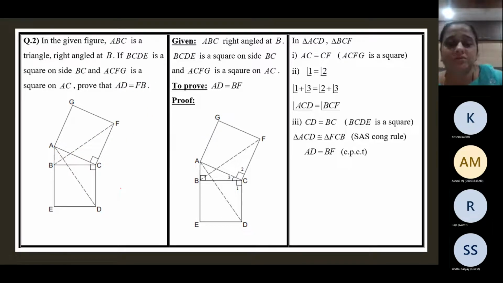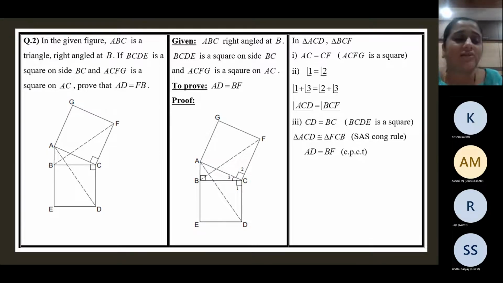Understood the question, children? Do you understand the information given? Yes, ma'am. So we have a right triangle ABC, right angle at B. On the side BC, we have a square BCDE. And on the hypotenuse AC, we have a square again, ACFG.